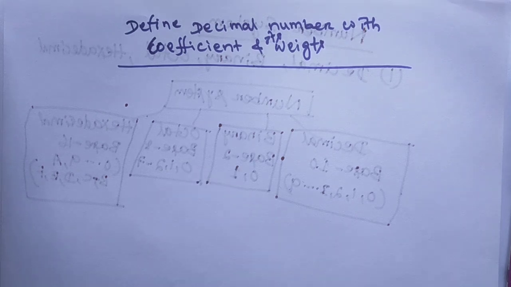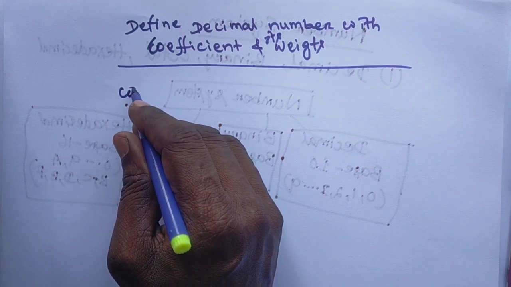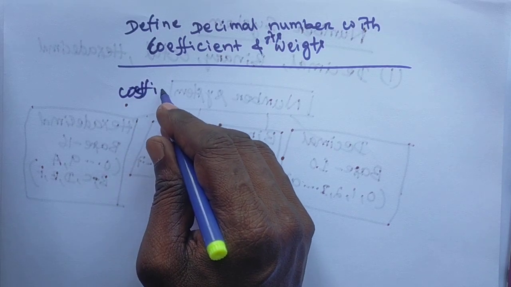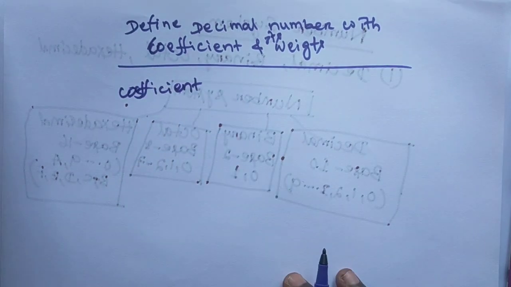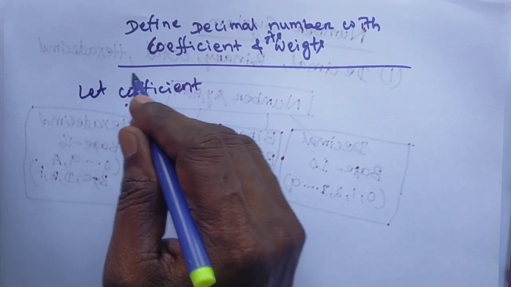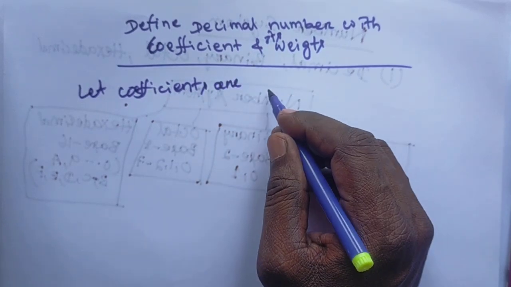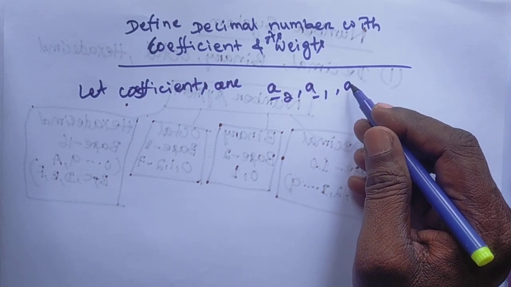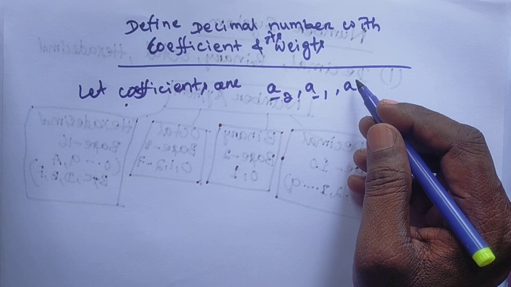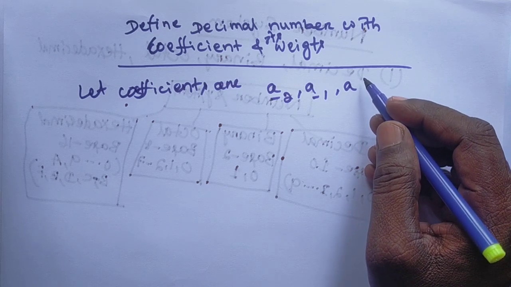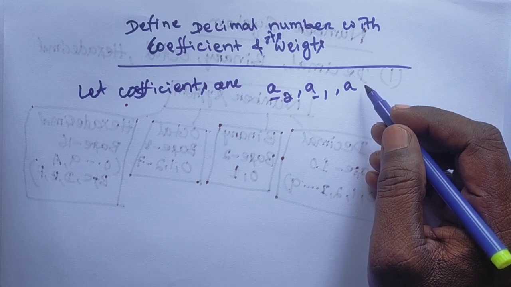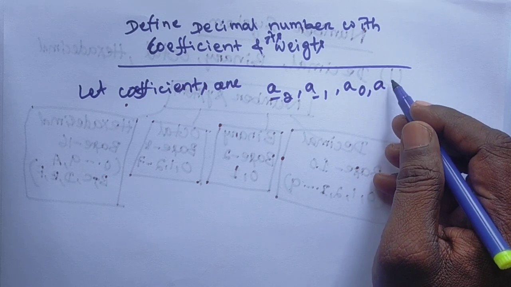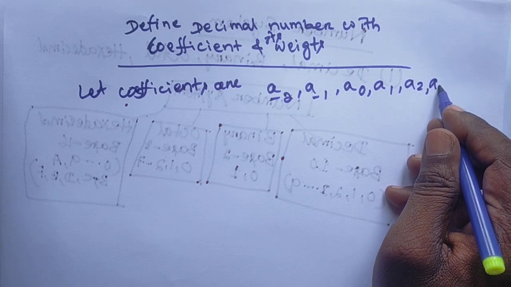Let us consider different coefficients, like let the coefficients be a minus 2, a minus 1, a0, a1, a2, a3, for example.